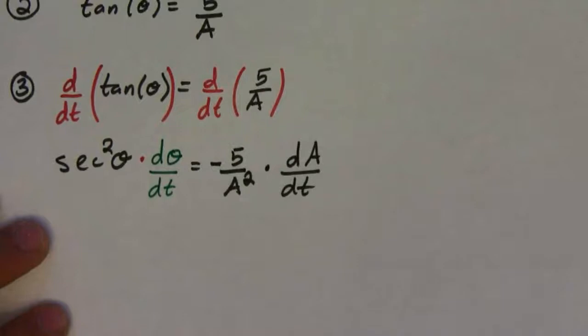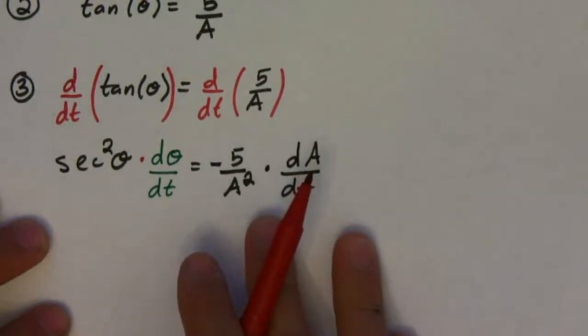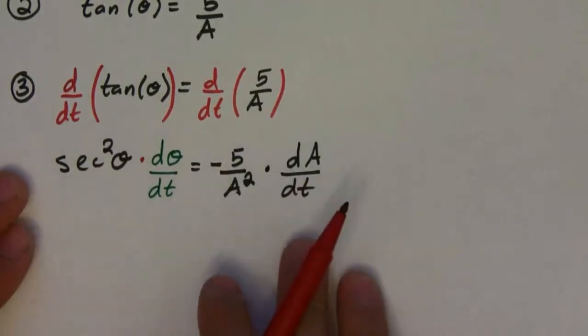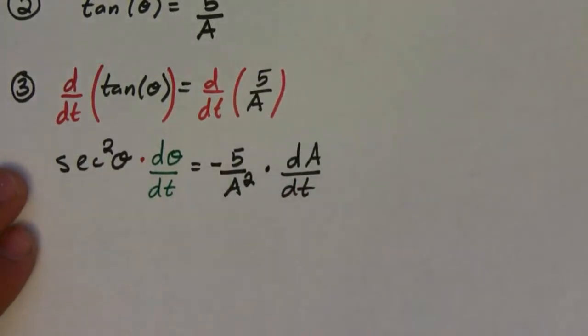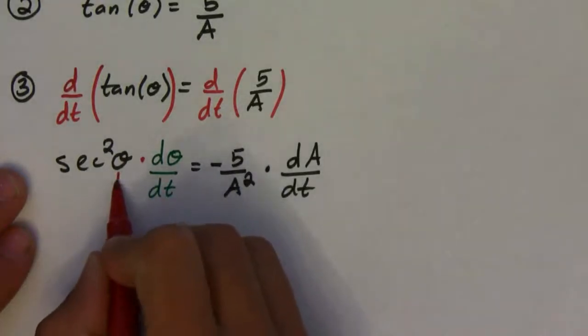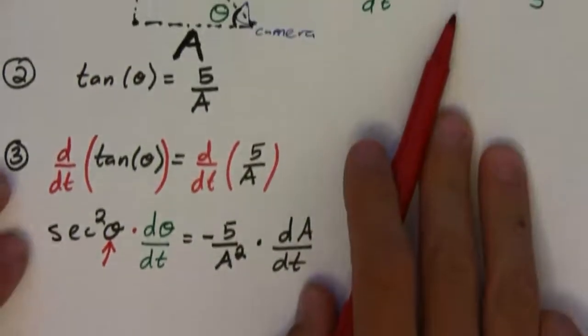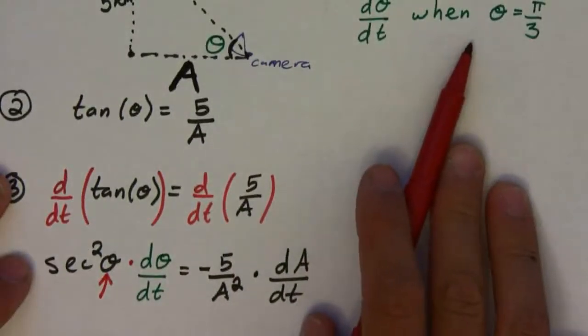Okay, and so then you take a look at this formula and you plug in what you have and you find whatever else it is that you need. So for example, now that we got the derivative of both sides, now we can plug in our when value.